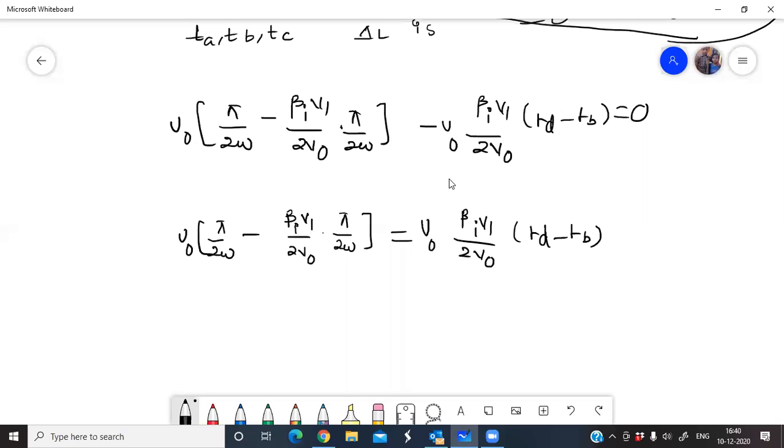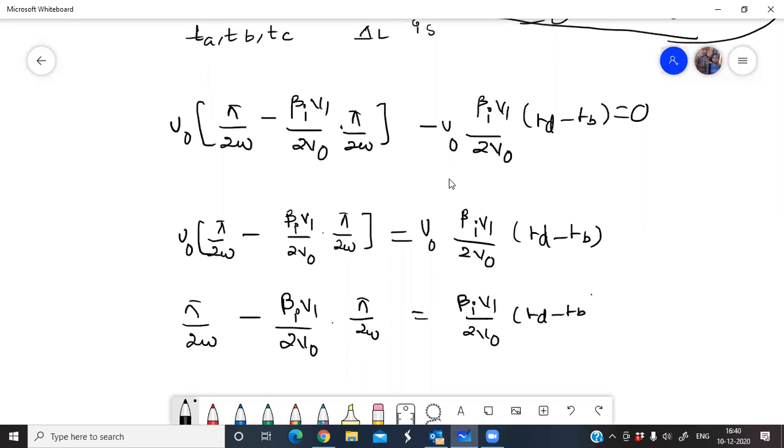Now we can finally write: beta I V1 by 2 V naught into pi by 2 omega minus pi by 2 omega is equal to beta I V1 by 2 V naught into TD minus TB.